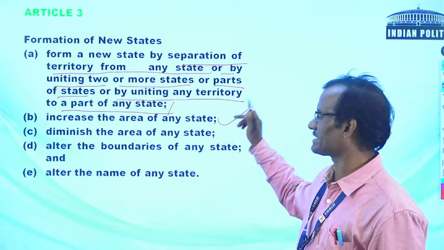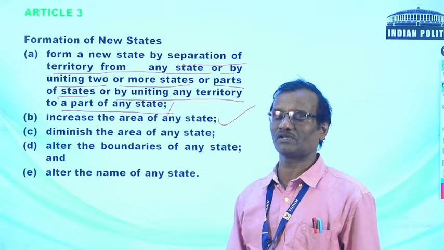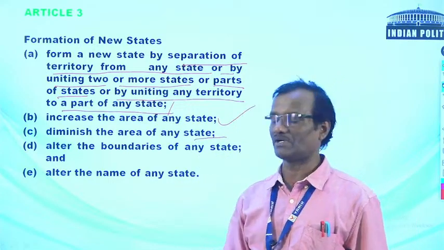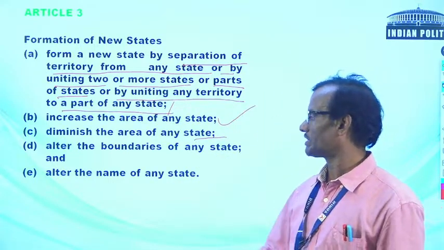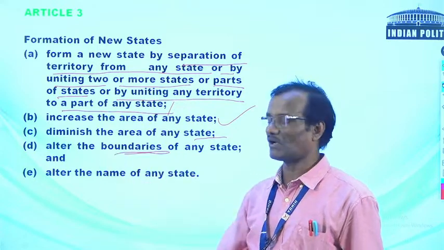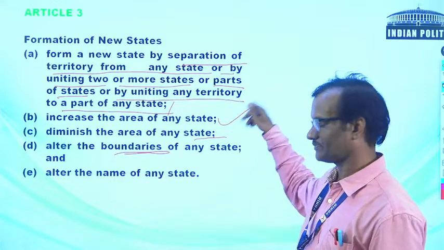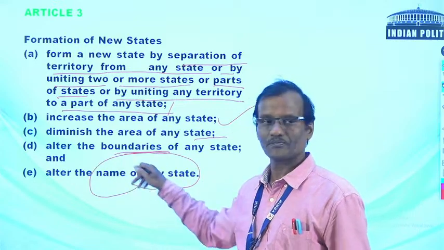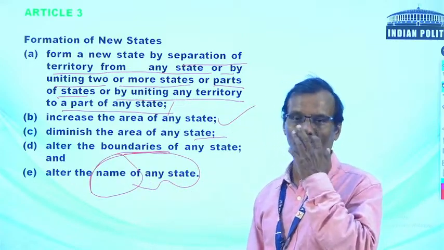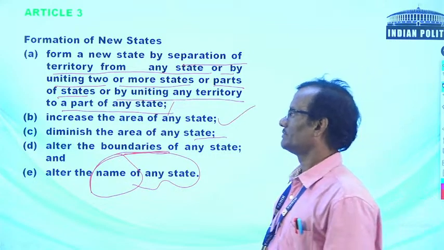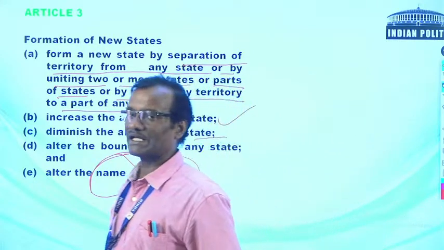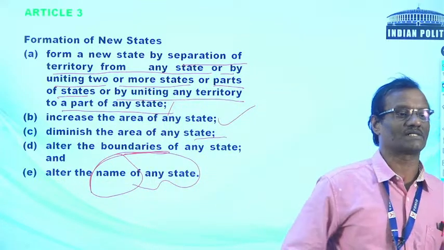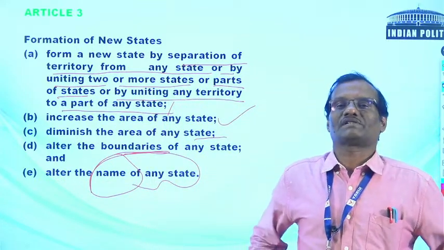Increasing the area of a state by adding some territory to it, or diminishing it by taking away some territory from it. Alteration in the boundaries of the state, political boundaries of the state. Alteration in the names of states. So Article 3 exclusively deals with the reorganization of an existing state or geographical territory of a state.